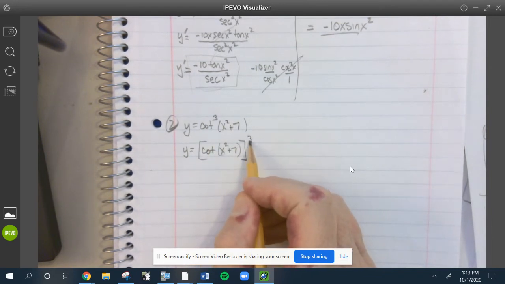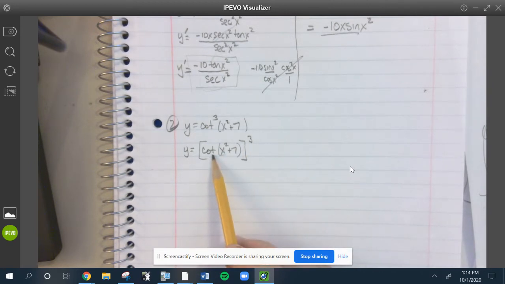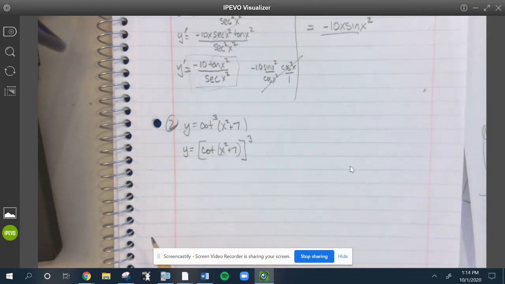So we have a few things going on here. The outside function is the cube function. Then we have an inner function which is cotangent, but cotangent itself has an inside function. So the most outside function is cubed. The cotangent comes second, and the inside function is x squared plus 7.